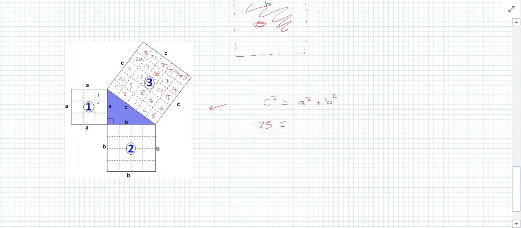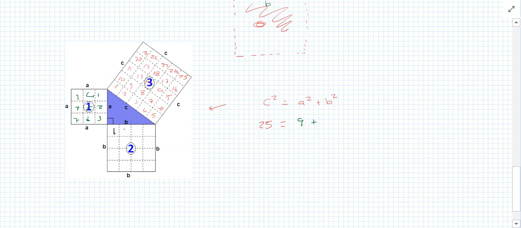How many boxes have we got? We have 1, 2, 3, 4, 5, 6, 7, 8, 9. It's equal to 9 plus B squared. So this is B squared. How many boxes have we got in B squared?